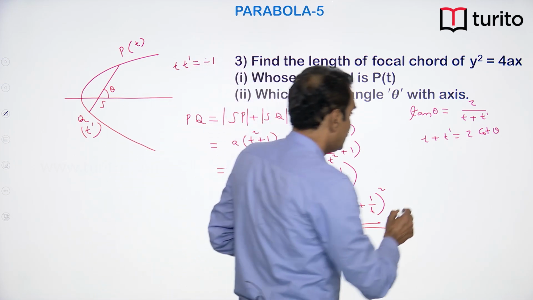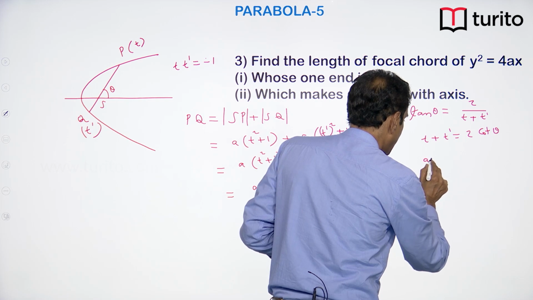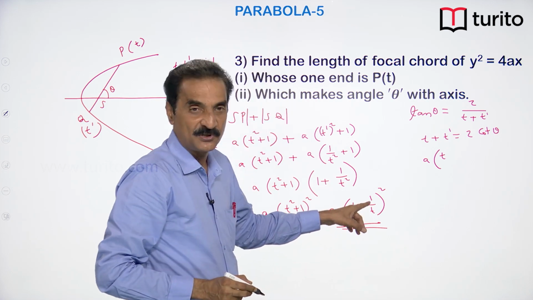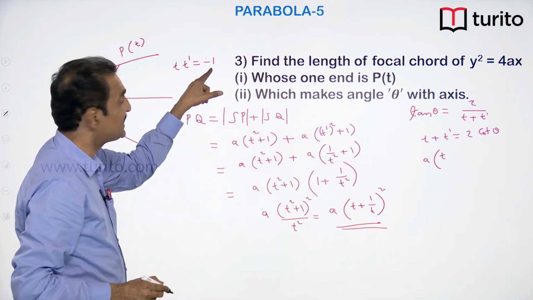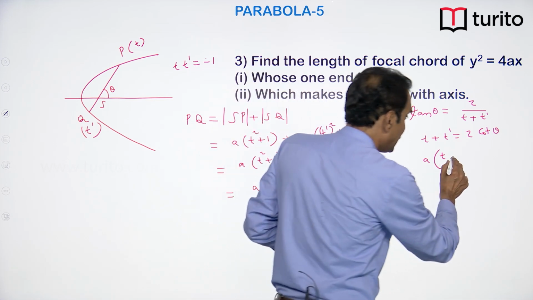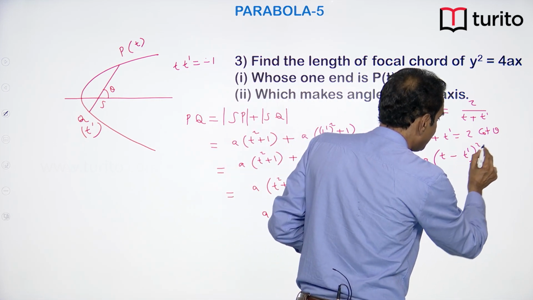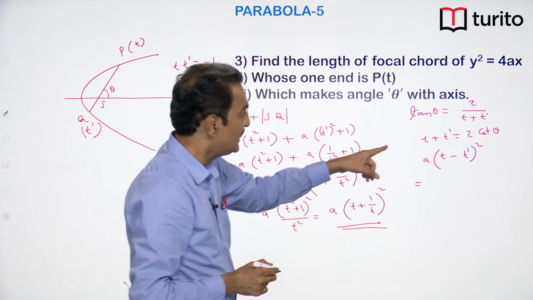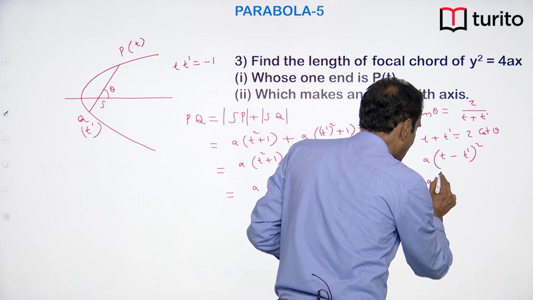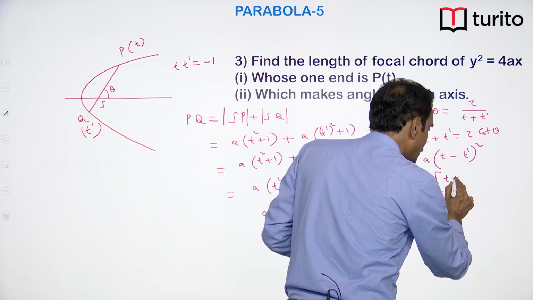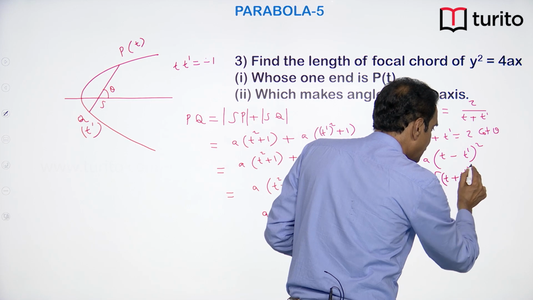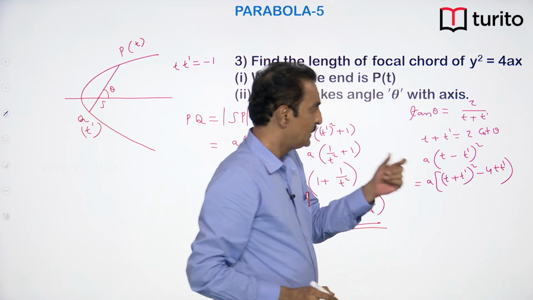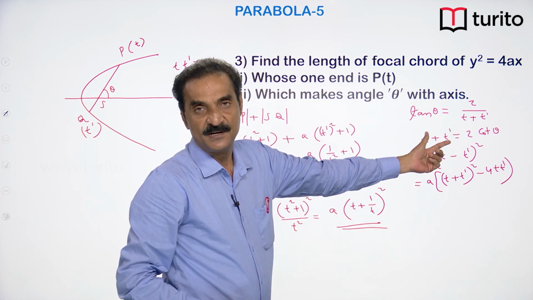Already we have proved that length of PQ is A into T plus 1 by T whole square. I will write 1 by T as minus T dash. Then the length of the focal chord is A into T minus T dash whole square. T minus T dash whole square can be written as T plus T dash whole square minus 4 T T dash. Substitute T plus T dash and T T dash.